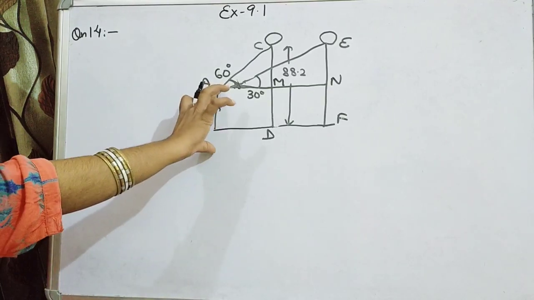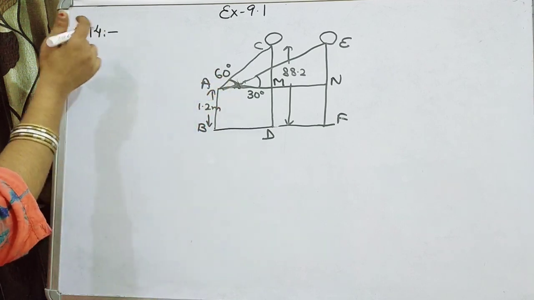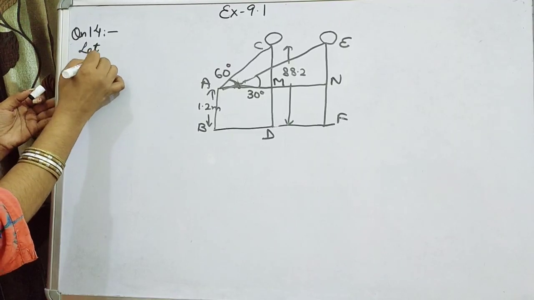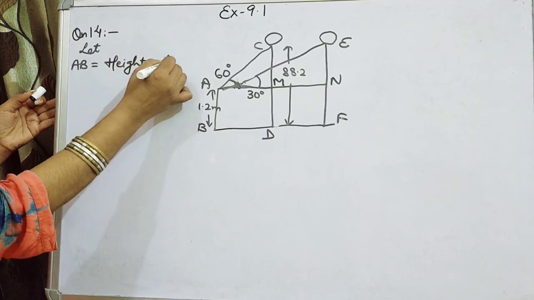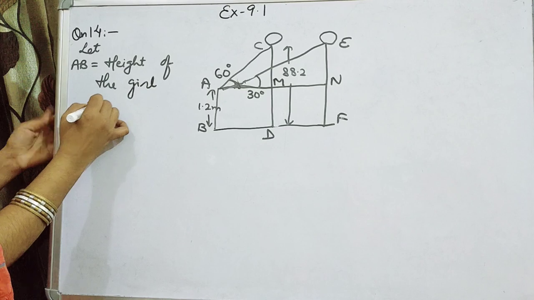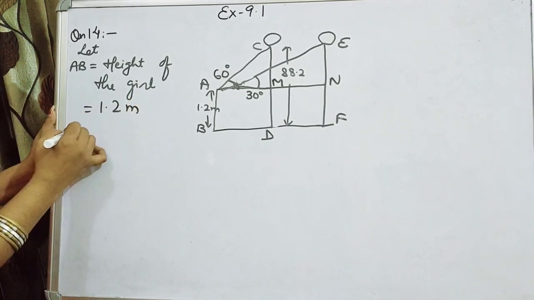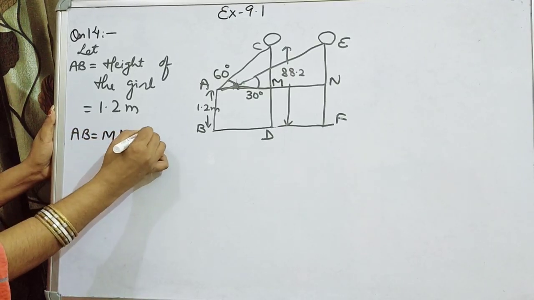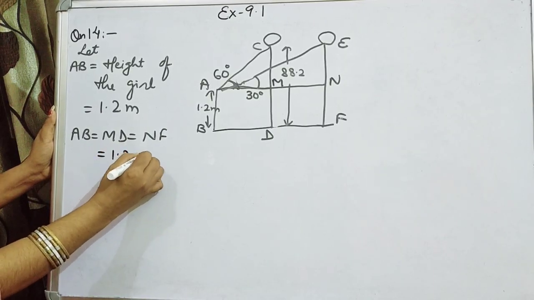If this is AB and we have supposed it as the height of the girl, so we have to write it here. Let AB be the height of the girl, and we all know that it is equal to 1.2 meter. And according to the figure, AB is equal to MD is equal to NF, which is 1.2 meter.